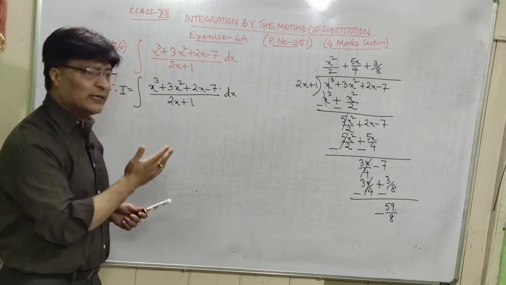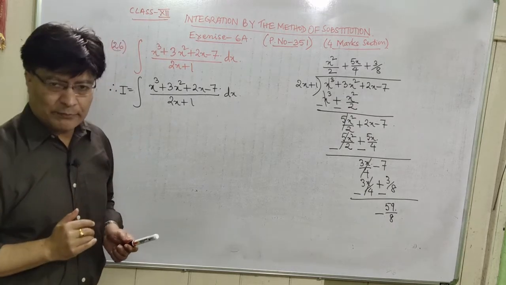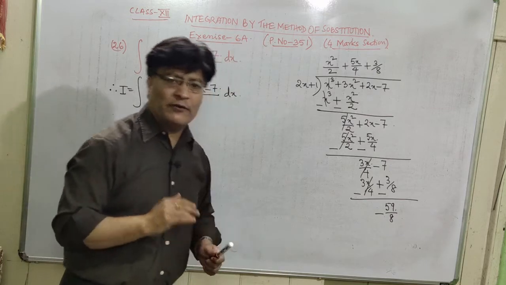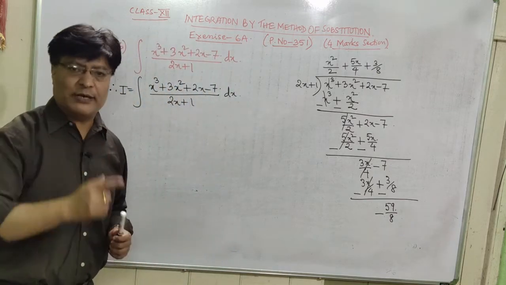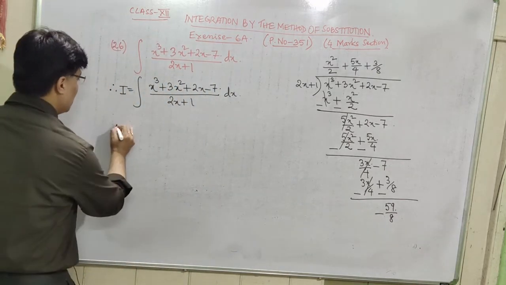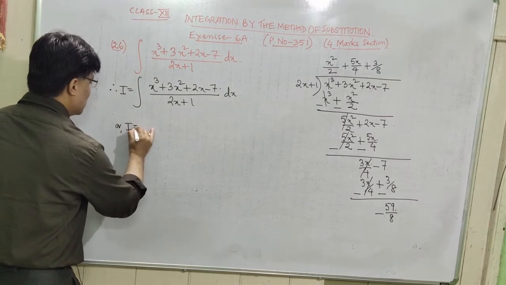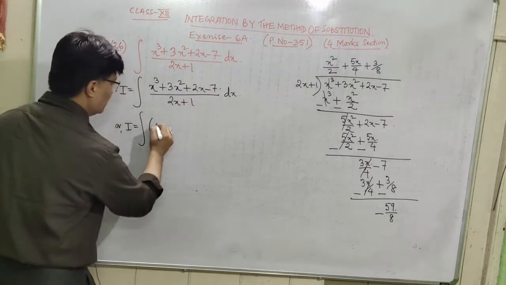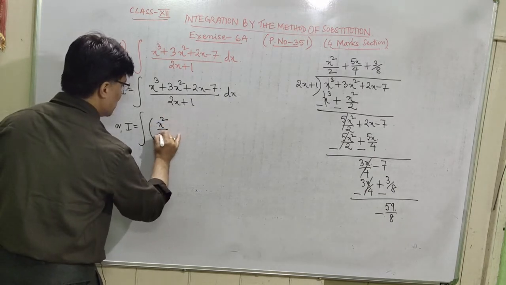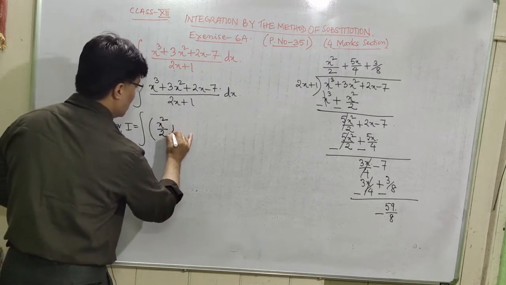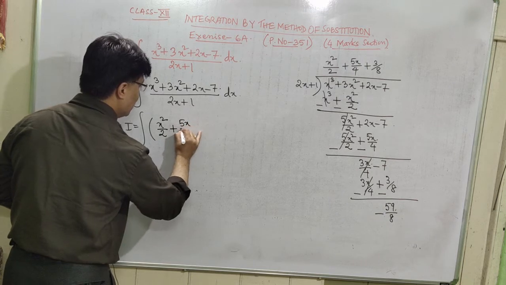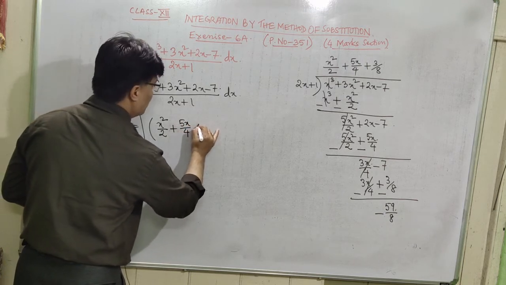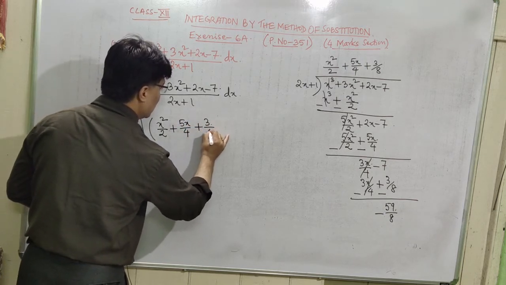So now you know how to write down this fraction. We have divided the numerator by denominator, so you should write in the form of quotient plus remainder upon divisor. So I is equal to integral sign within bracket. What is the quotient out here? Your quotient is x square by 2 plus 5x by 4 plus 3 by 8.